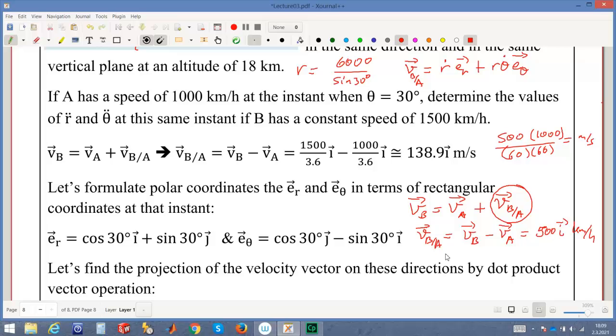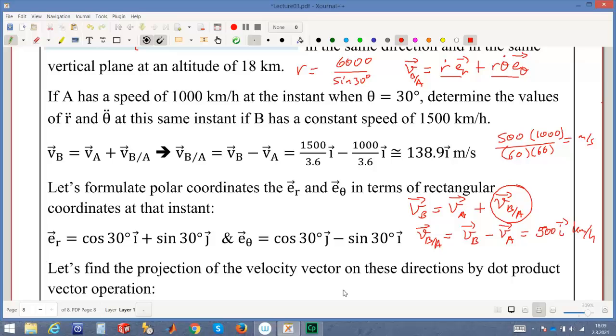And after you find the relative velocity, well, it's the similar idea. Now you need to extract this component and that component. How do you extract this component? Well, you need to take the projection of this relative velocity with respect to the ER unit vector.